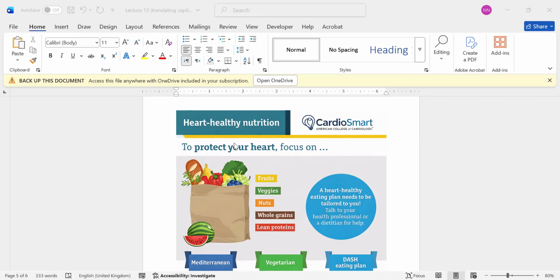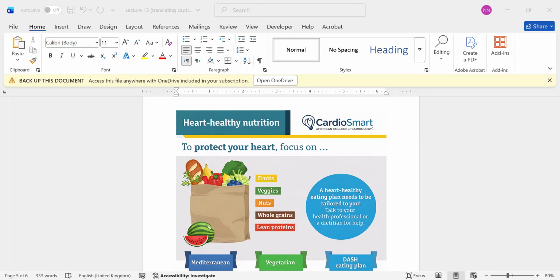It can have the same meaning, but not using the same vocabulary. And we're going to see what we mean in a bit. Now, heart healthy nutrition means nutrition that makes a person's heart healthy. So this is the meaning of heart healthy nutrition.